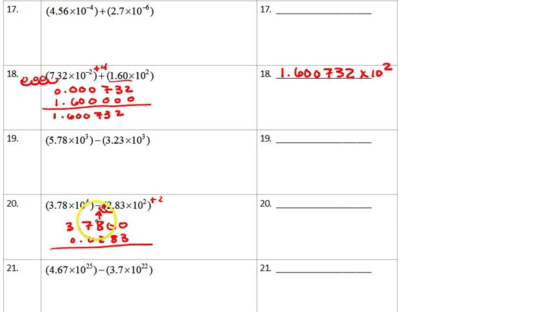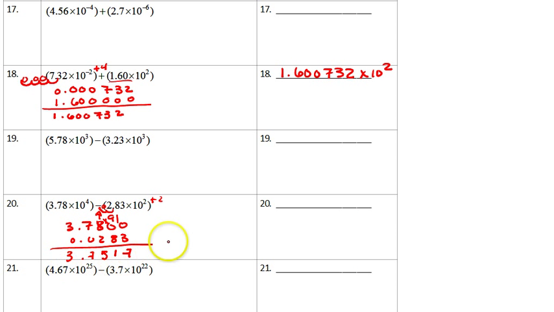I'm going to have to borrow here. I get 7, 1, that's 7 from 2 is 5, 7, and a 3.